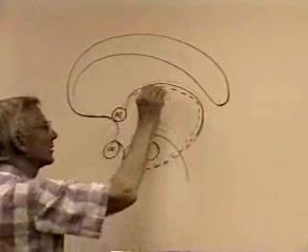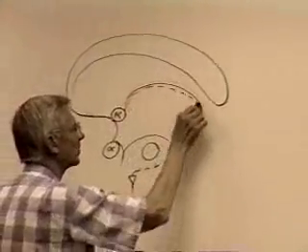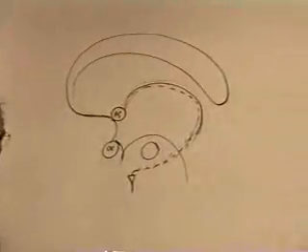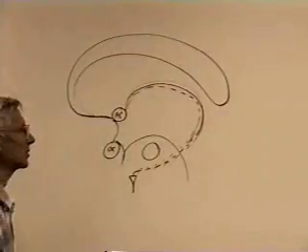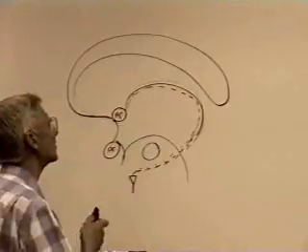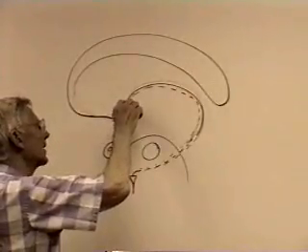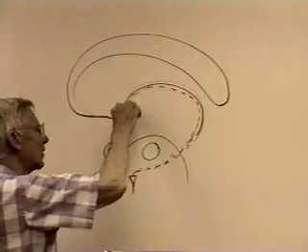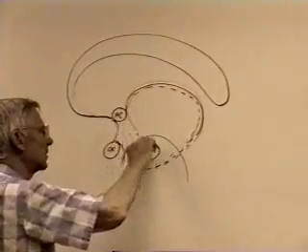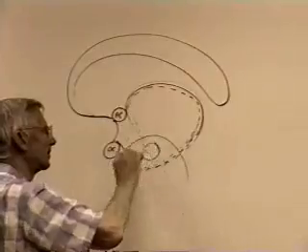So we have a big bundle of fibers making up a very nice bundle that's easily seen by MRI and gross naked eye dissection. These fibers come down, penetrate the hypothalamus, and end in the mammillary body.